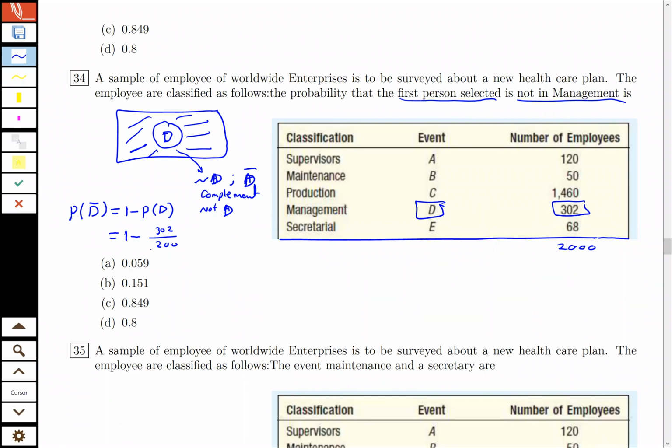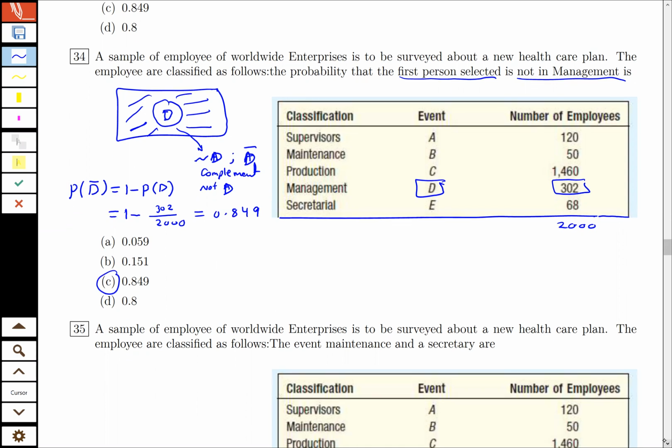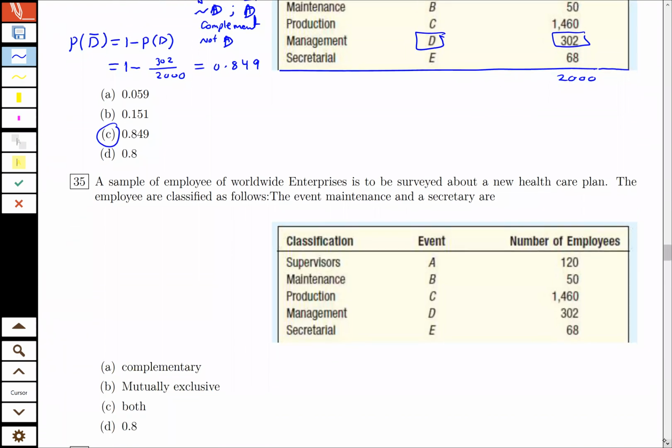So always when we want to find the probability of the complement, we say it's 1 minus the probability of D. That equals 1 minus 302 divided by 2000, which is 0.849.